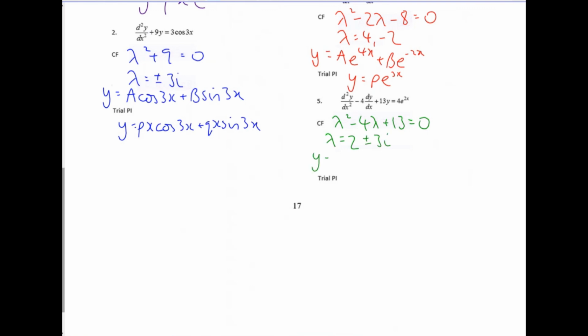So y equals e to the 2x, a cos 3x plus b sine 3x for complex roots. Although we've got e to the 2x here in both of them, there's no problem with us choosing y equals p e to the 2x because these aren't just e to the 2x terms, they've also got that cos x not sin x term. So this one's just normal, you can just choose p e to the 2x.